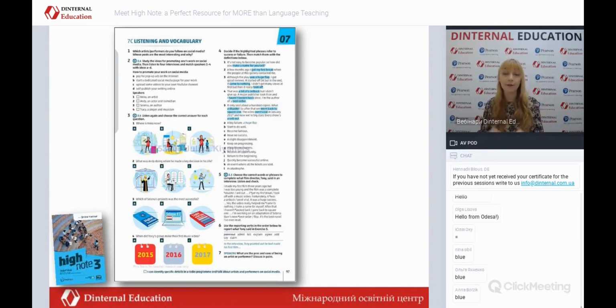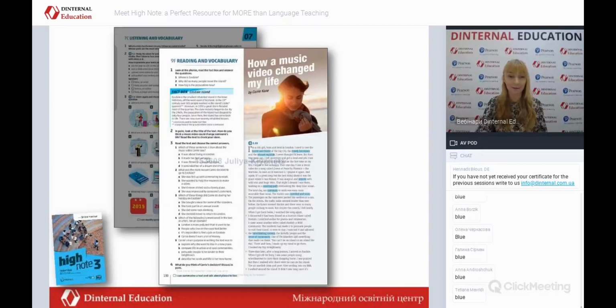So all the key vocabulary on every single lesson will be highlighted in blue. If we take, for example, level 2, which is yellow, then all the key vocab will be yellow. So it depends on the level of the book. It's very easy to find, very eye-catching, you know, another great idea from the authors of the course, which I really, really like.